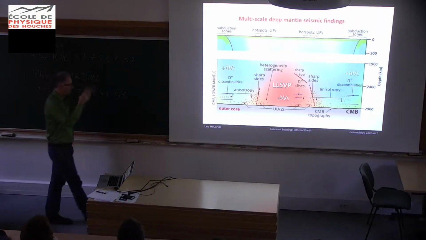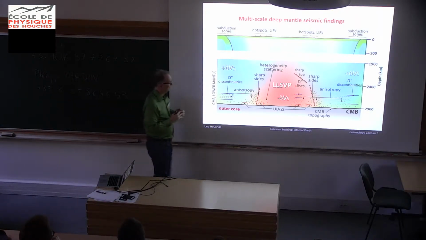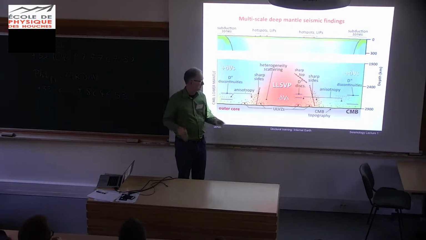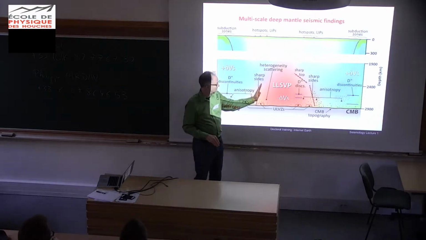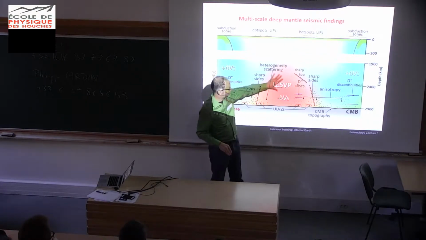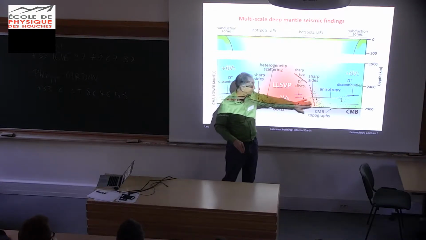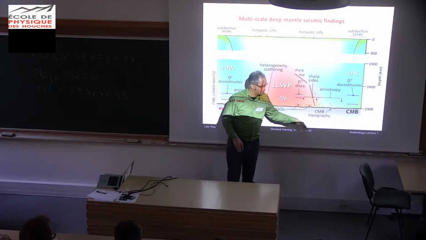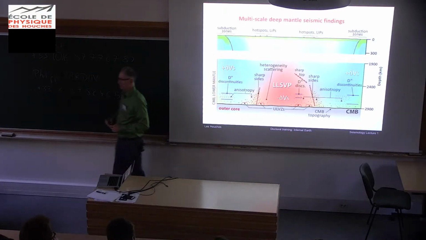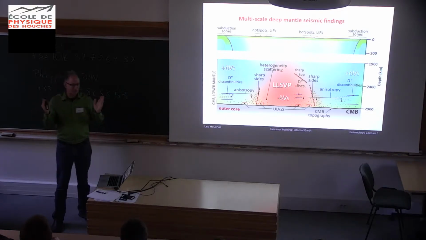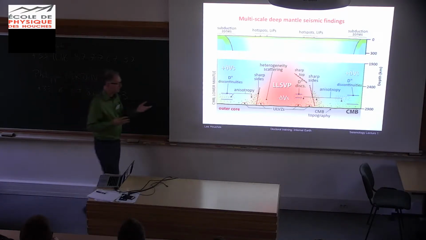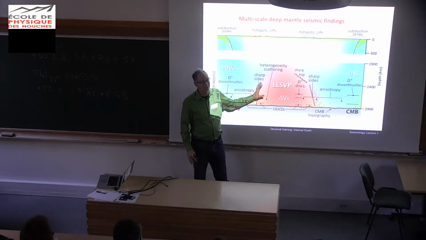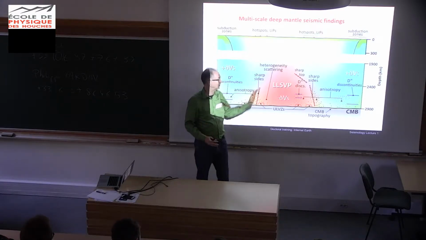What kind of wave field distortions happen for us to be able to see or interpret something on our seismic data as scattering, or some sharp boundary to these big blobs, or anisotropy, or discontinuities that might be phase changes, etc. The spectrum of heterogeneity could be broad, even for these large low shear velocity provinces, these big things. These could have very fine scale structures as well.